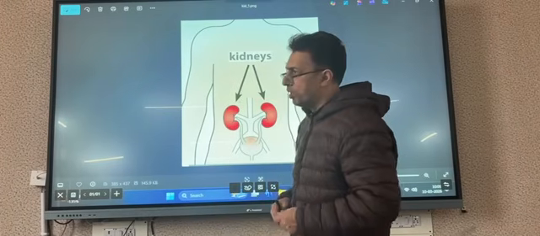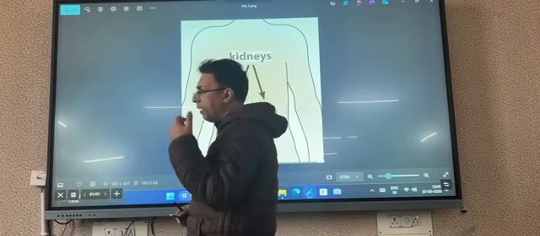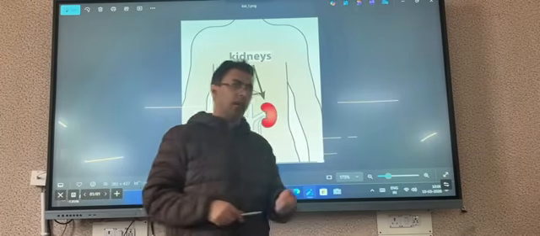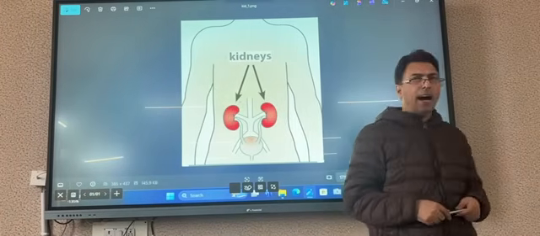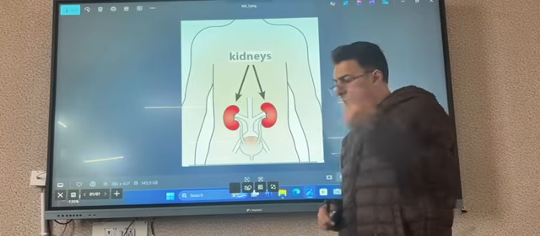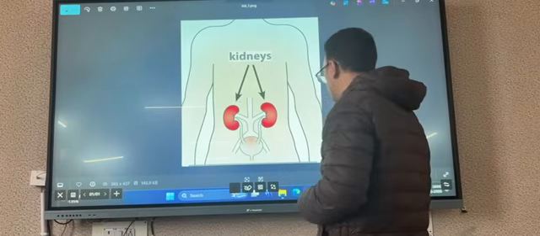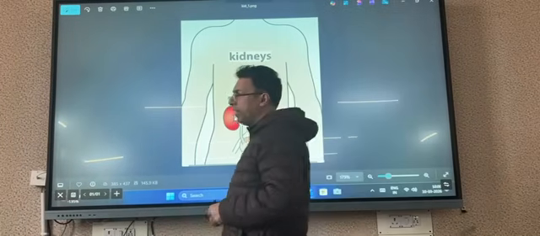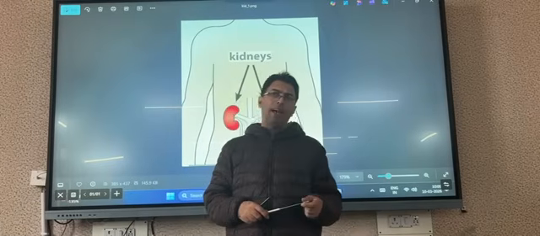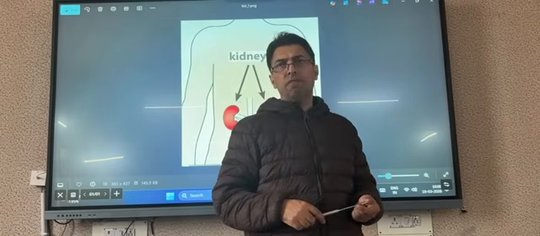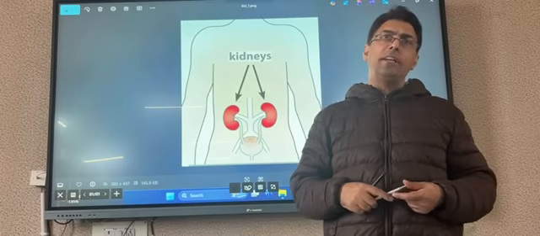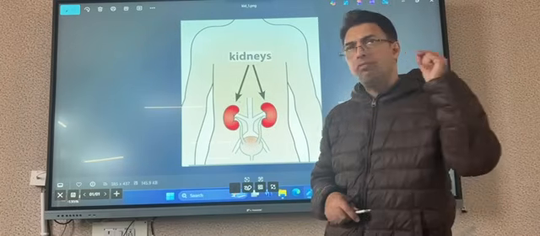So this is how you recognize. Important. And the structures which enter and leave the renal hilum are the renal vein, the renal artery and the renal pelvis. VAP: vein, artery, pelvis, from anterior to posterior. That is very important.